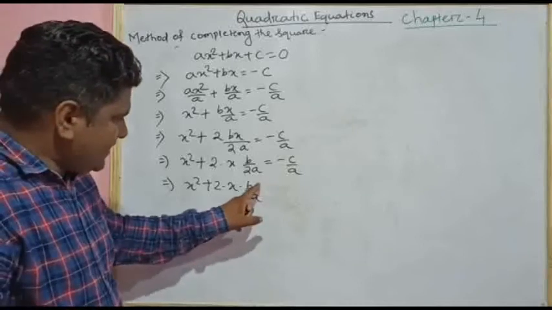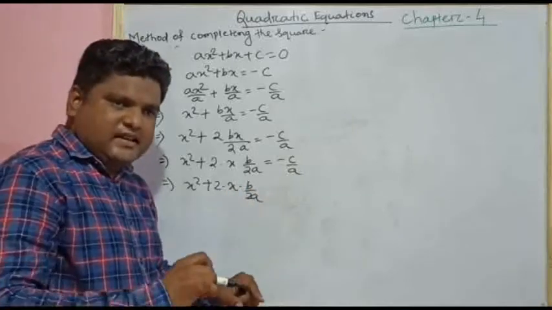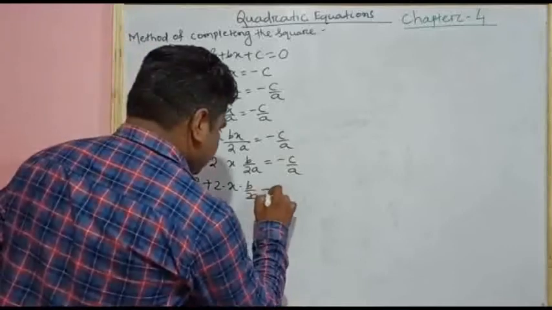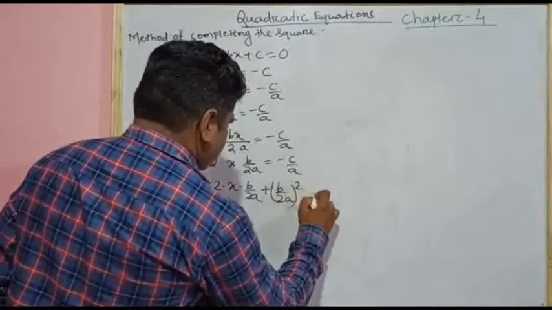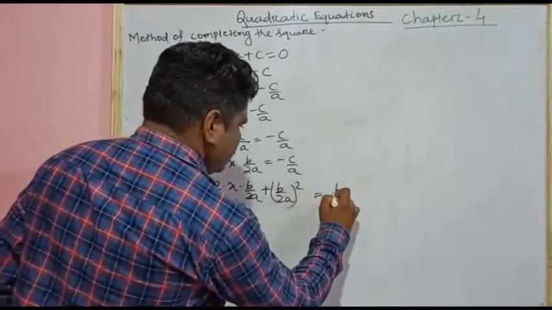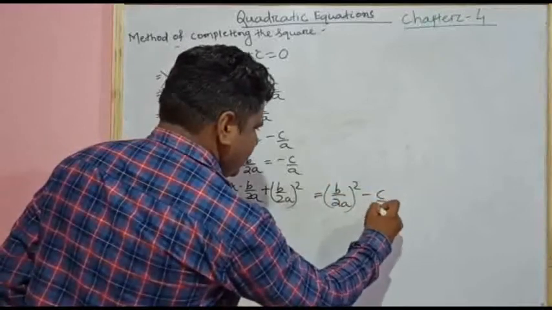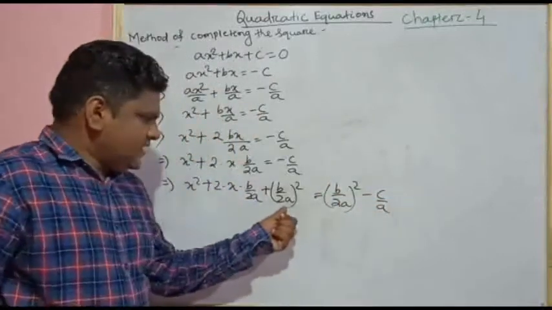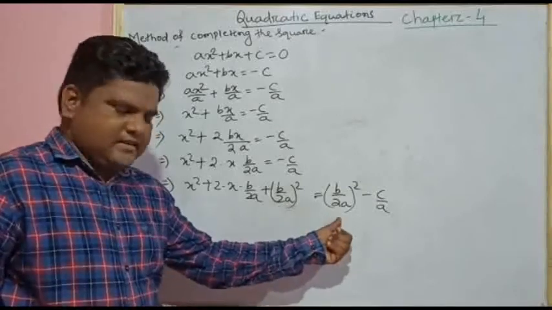So we have to add the square of b by 2a on LHS and on RHS. So plus b by 2a whole square is equal to b by 2a whole square minus c by a. So same thing is added on LHS and on RHS.